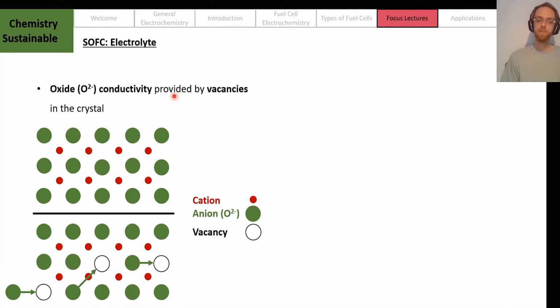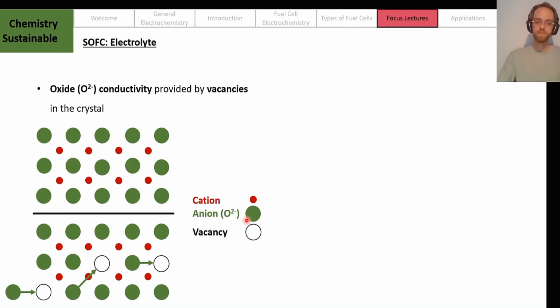A crystal is simply an arrangement of cations, so positively charged ions, and anions, so negatively charged ions, which repeats itself periodically. And this is exactly what we see here. We have this kind of motif here with anions following in regular distances, and we have cations always in between the anions here. The anion in our case is, of course, the oxide ion, because this is what we want to transport.